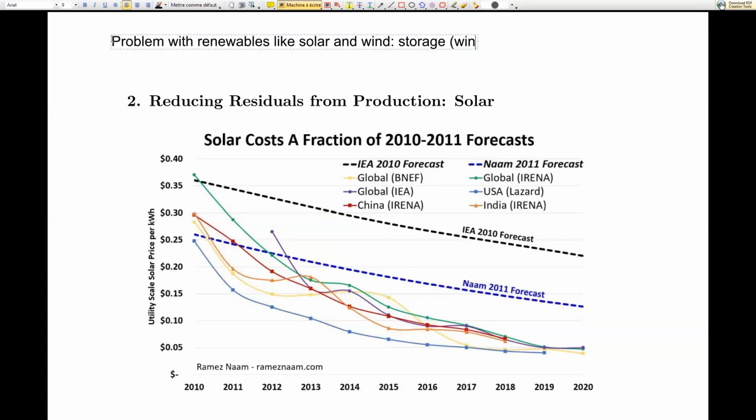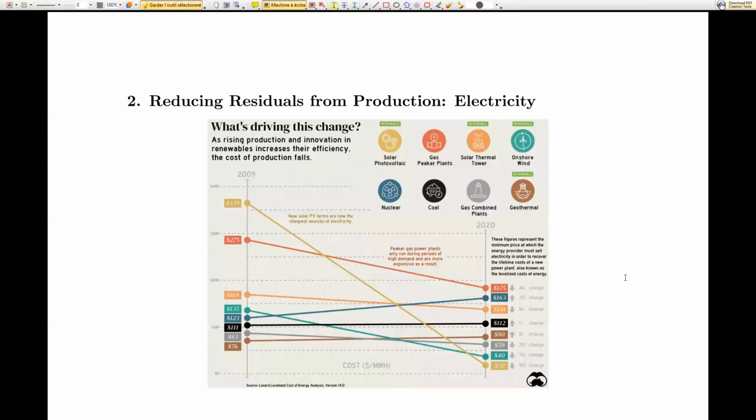Wind and sun are not always available. So this means that this figure here and this figure here are somehow misleading, because they don't include the fact that for coal you don't need a huge battery to store your energy.